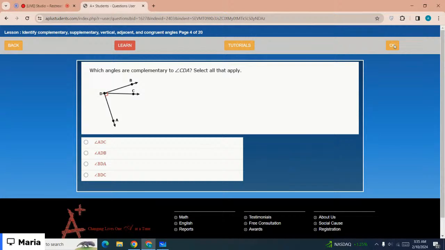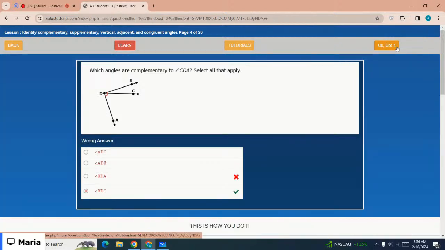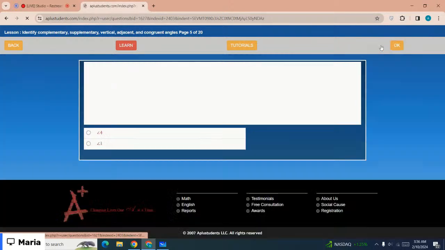CDA complementary is, that is BDA. Hold on. That is BDA, right? Complementary means when you add them, their sum must be 90 degrees, so that is BDA. BDC, oh yes, that is BDC. Basically, you are given with this angle only. If you add BCD, their sum must be 90 degrees, right?